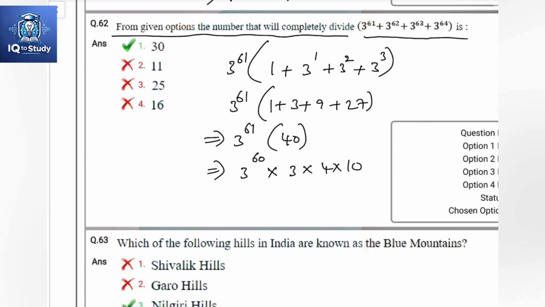The above expression has 30 in it. It's like 3^60 × 30 × 4. In other words, 30 is one of the factors of the given expression. So, option 1 is correct. So, 30 will completely divide the given expression.